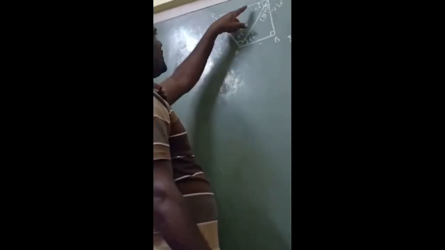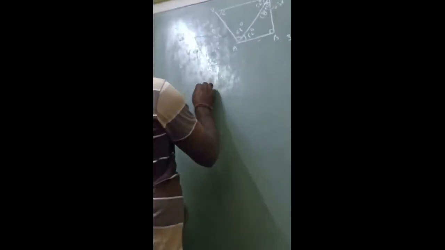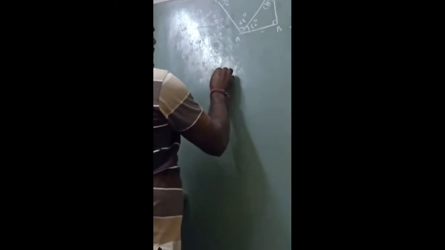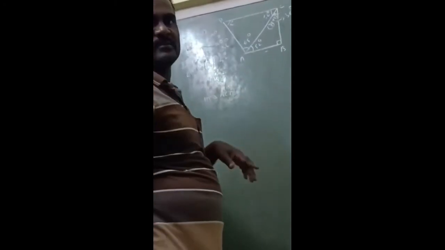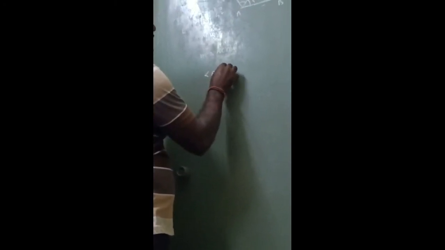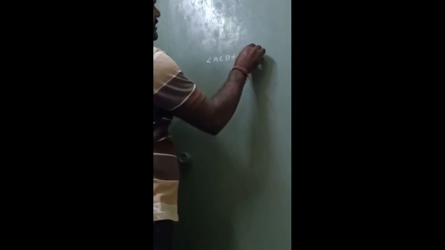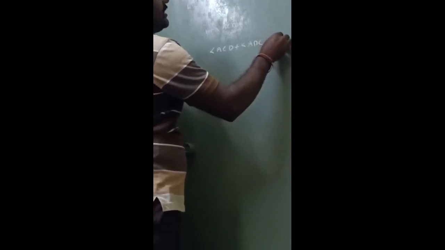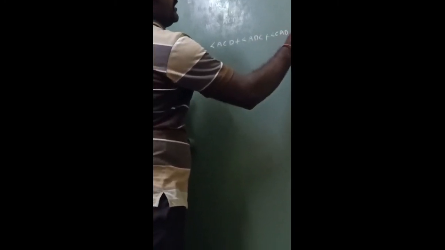Here this angle is equal to 52 degrees. In triangle ACD, the sum of angles in a triangle is equal to 180. Angle ACD plus angle ADC plus angle CAD is equal to 180 degrees.